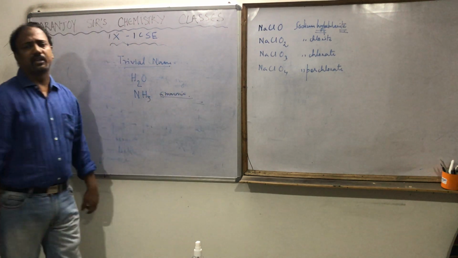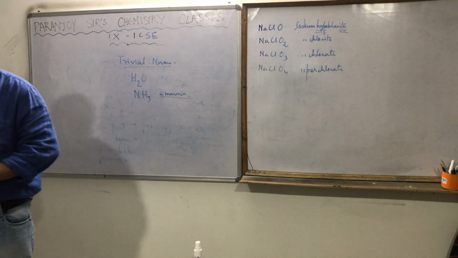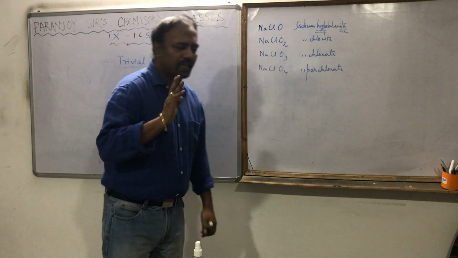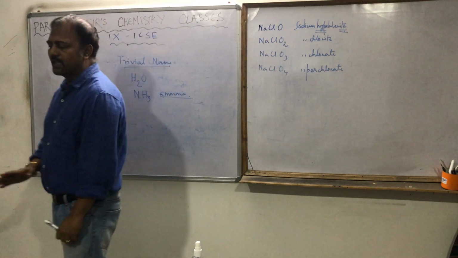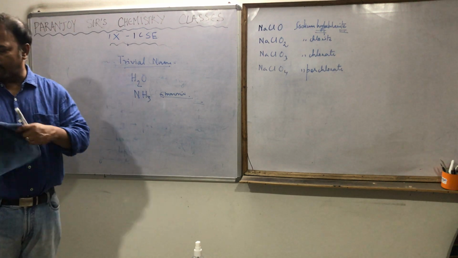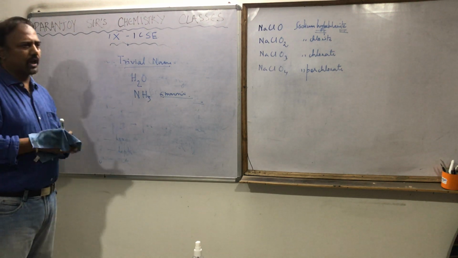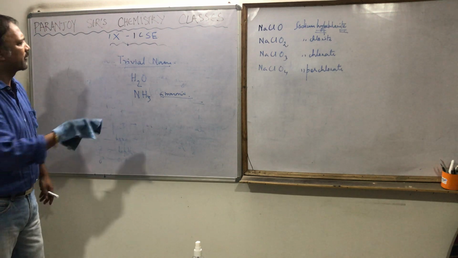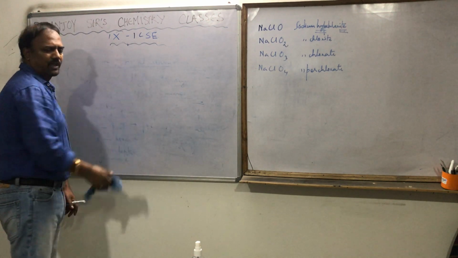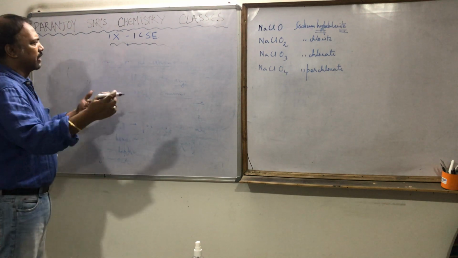That is the trivial name and everybody knows it by that name. Fine. So that is all about naming, and finally writing down the formula. You already know how to write down the formula. Now just the opposite: from the formula, how to find out the valency of the element or the radical. You know it.